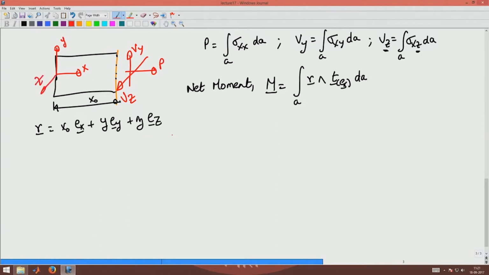I have R given by this expression here, and T's of Ex we found is given by sigma xx Ex plus sigma xy Ey plus sigma xz Ez.